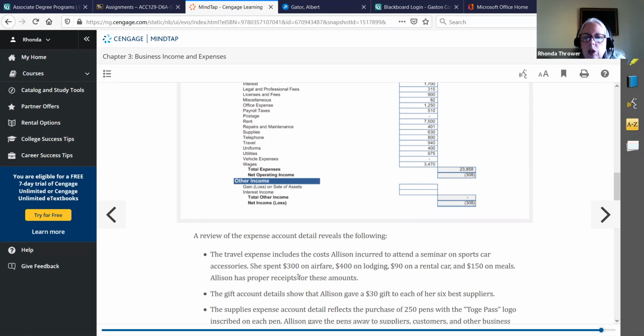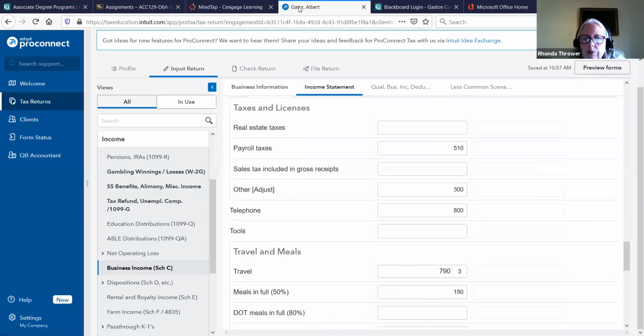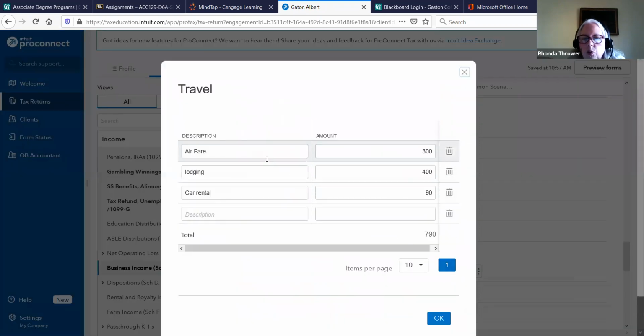And so what we want to do is record that she spent $300 on airfare. And where we're going to do that is right here under travel. There's a plus button here that you can expand where you can enter in each one of your travel types of expenses separately.